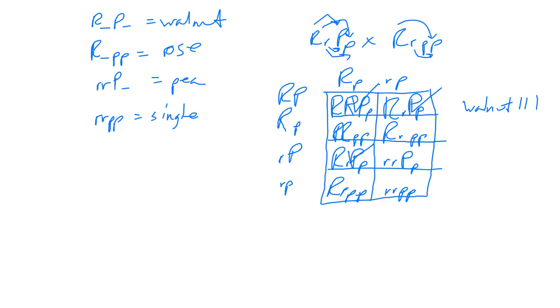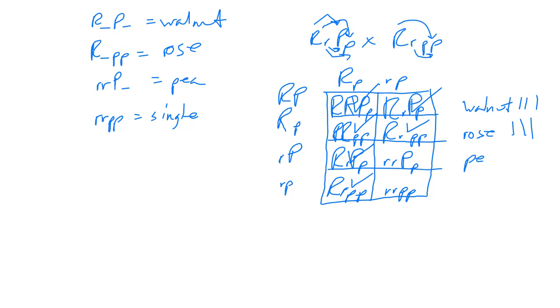That's our walnut. Rose, we know we have to have a big R and 2 little p's. So big R and 2 little p's here, big R and 2 little p's here, big R and 2 little p's here.